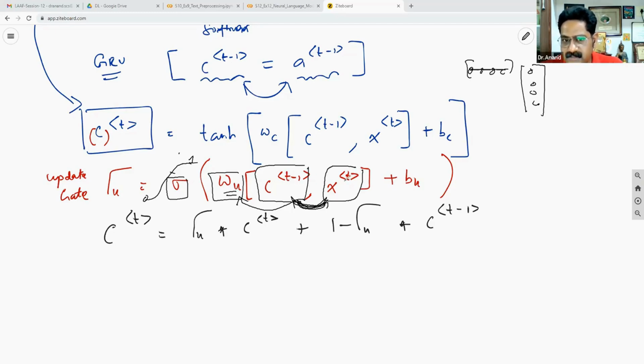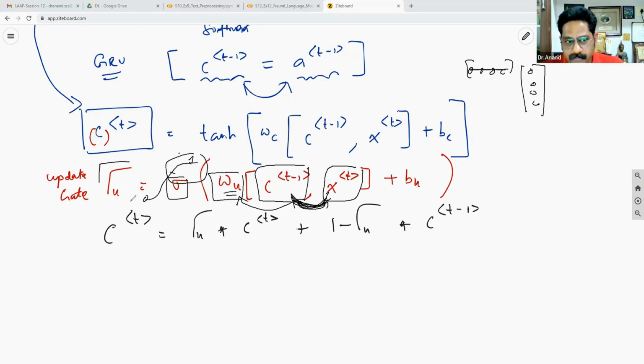Whether my current token has a context attached to my past memory or not. If my current token has a very contextual memory and more relation to my past memory, then naturally the sigma of this whole process is going to have a value closer to 1, a higher value.